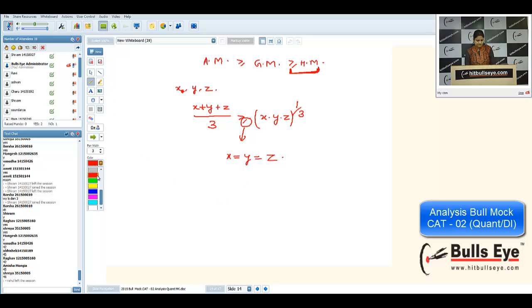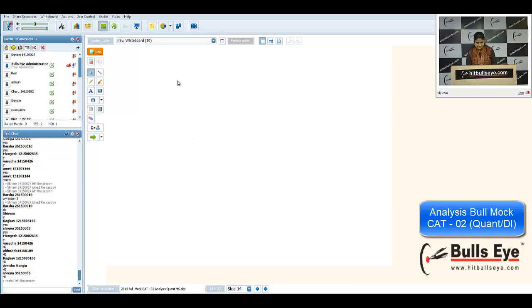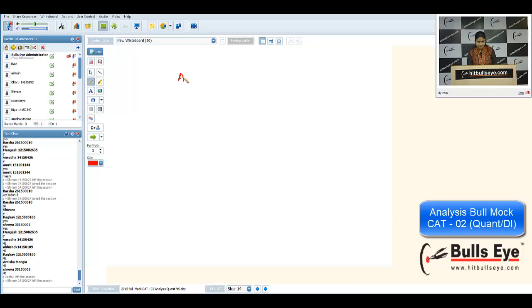Now come to the original question. It says a plus 2b plus 3c plus 4d is equal to 36, and you want the maximum value of a into b square into c into d square. A complete case of manipulations.